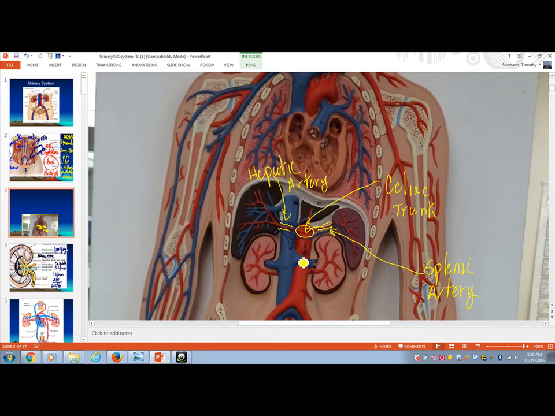Then you move down, and you have these arteries that supply your kidneys. So you have the right and left renal arteries.